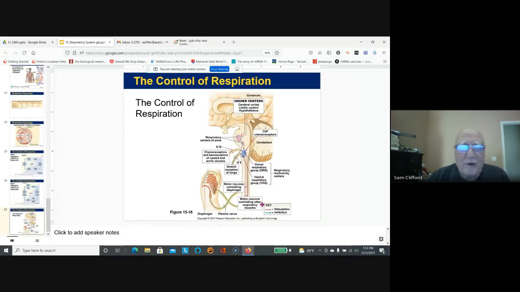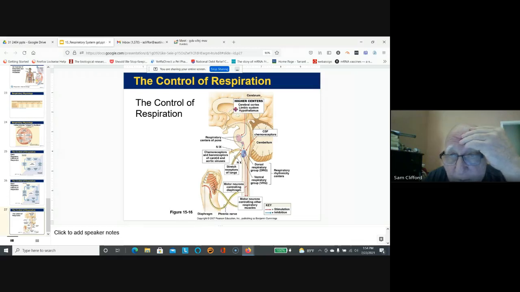So, how does the brain control respiration? You have respiratory centers in the pons. You have chemoreceptors, which sense how much CO2 and oxygen is in your blood.